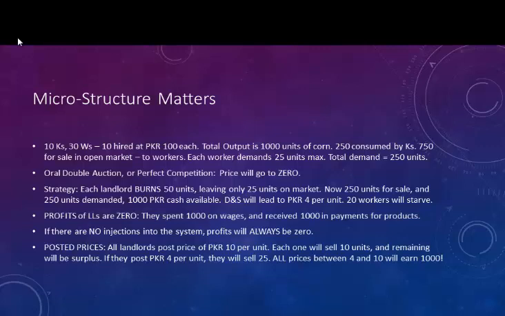Then the 250 you will be able to sell for 1,000. So this is again another very strange and interesting real world phenomenon. But after that, next period, you won't go to the trouble of producing extra. But now, this is the main point, the reason I wanted to do this model.